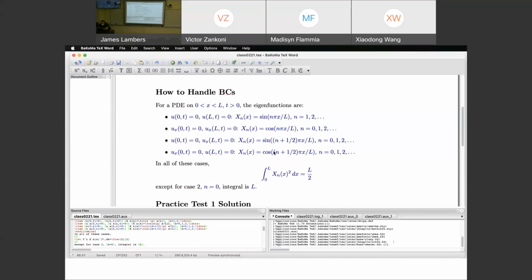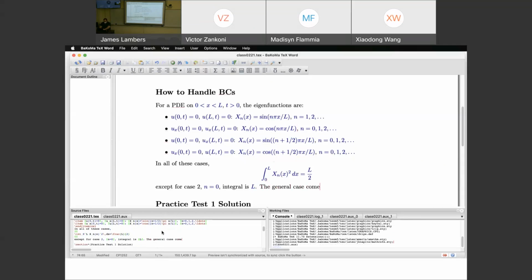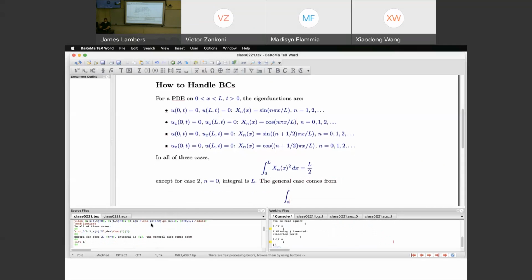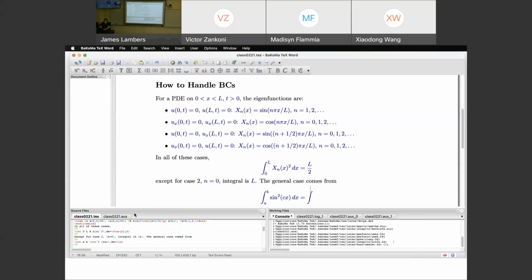When you have a sine or a cosine squared, from the integral from a to b of sine squared of cx, or some constant c, what do you do in that case?